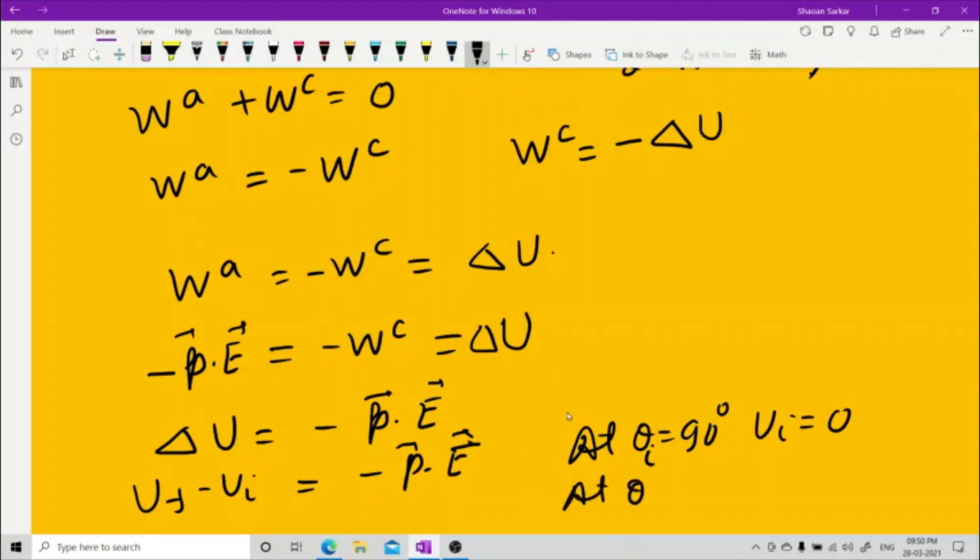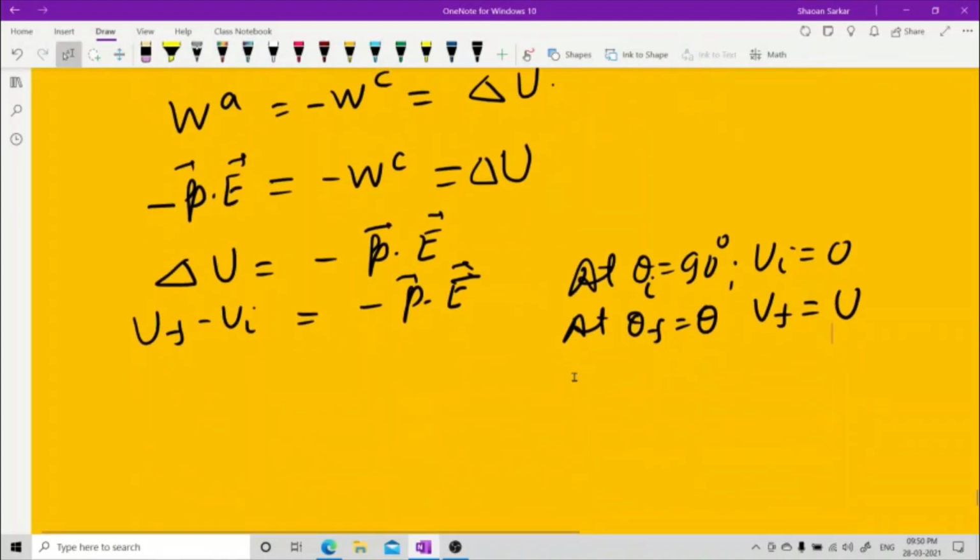At theta final, that is theta, U final is nothing but U. So U minus 0, no need to write minus 0, so the potential energy U is minus P dot E, a dot product.